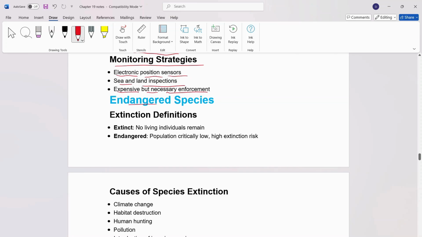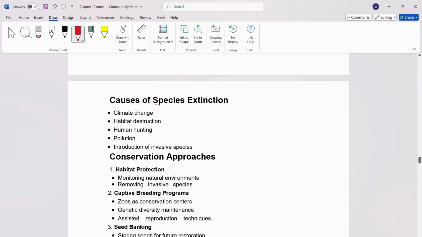Now let's talk about endangered species. Extinction definition. Extinct: no living individuals remain of that particular population. Endangered: population critically low, with high extinction risk. Now the causes of species extinction. Important, learn some of them.